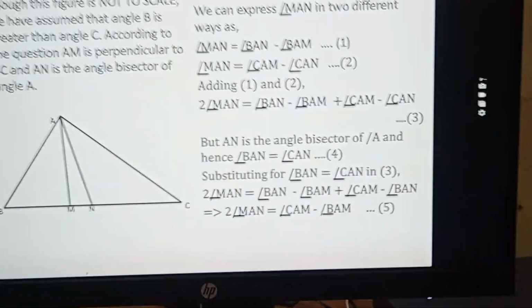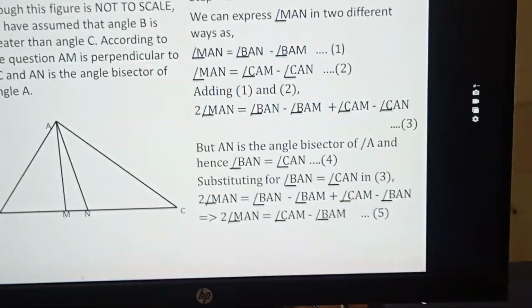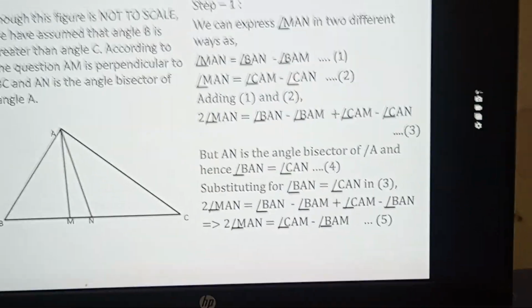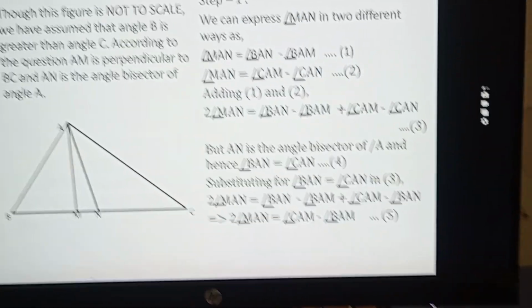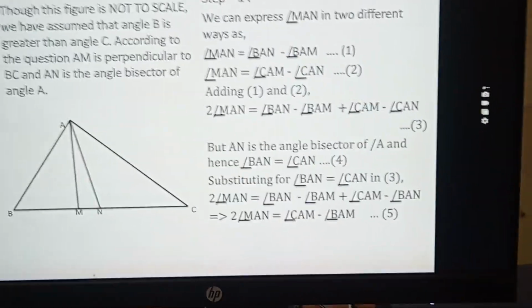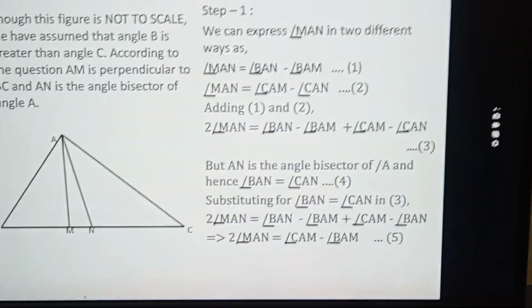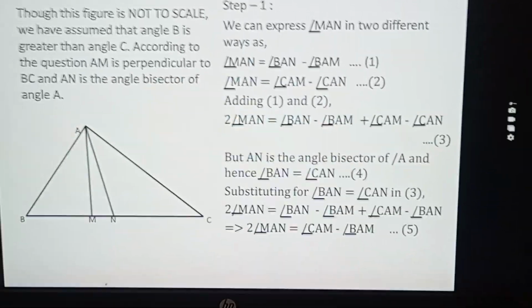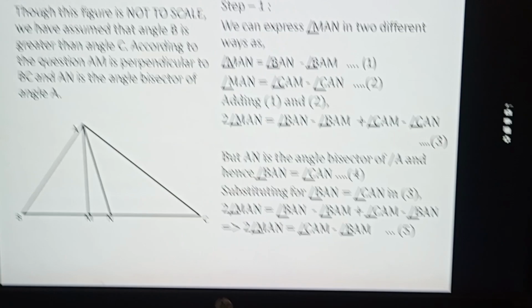So twice angle BAN is equal to angle BAN minus angle BAM plus angle CAM minus angle BAN. So twice angle BAN, twice angle MAN, is equal to angle CAM minus angle BAM.